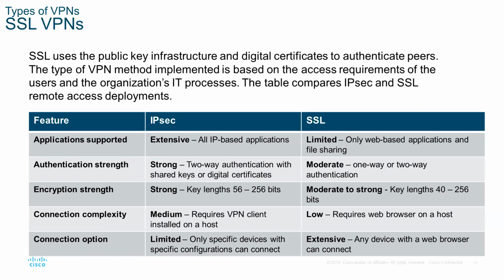That's where it's moderate to strong. It has very low complexity because all you need is a web browser, and it has extensive options. Basically, if you've got a web browser, you can use SSL.